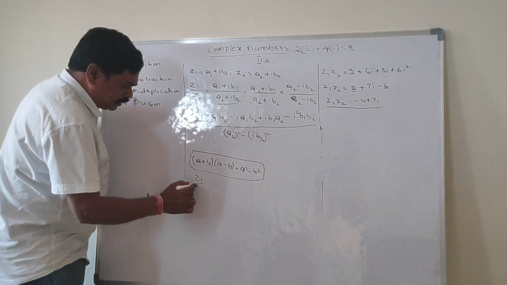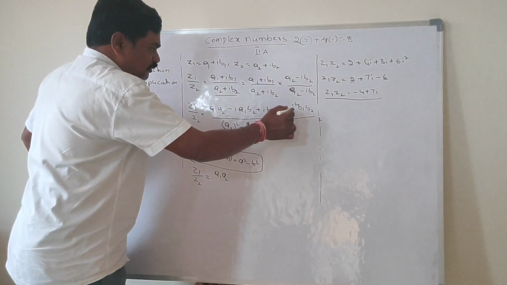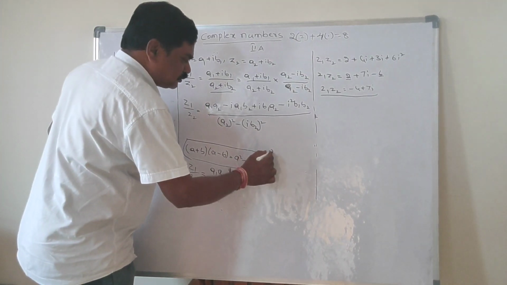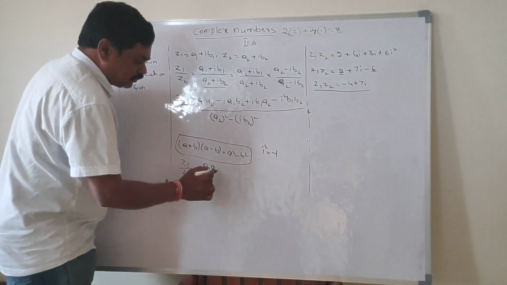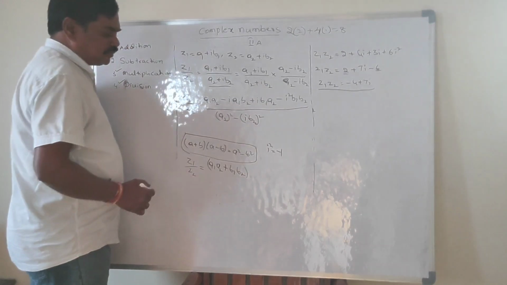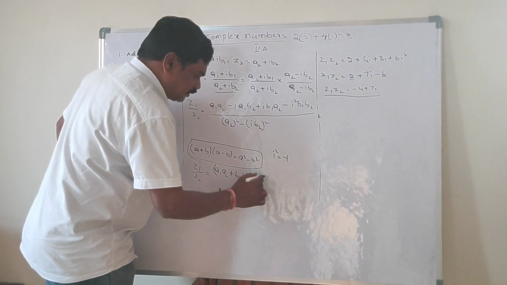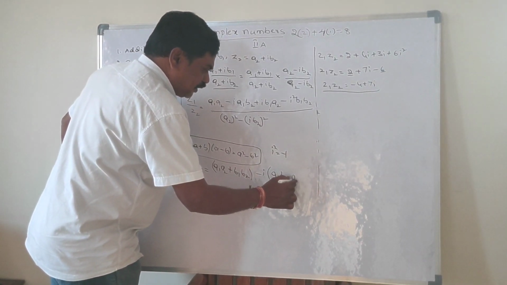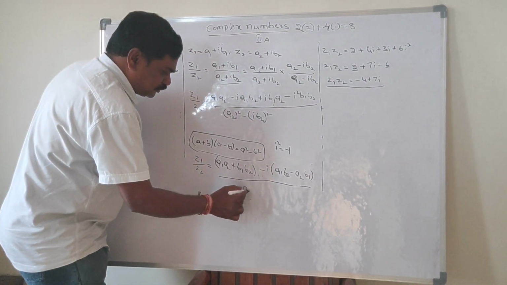This Z1 by Z2 is equal to a1 a2, and this i square is equal to what? Minus 1. So minus into minus is plus, so plus b1 b2. This is the real part. You write together, and from this one minus i common, then a1 b2 minus a2 b1, then the denominator is a2 square.